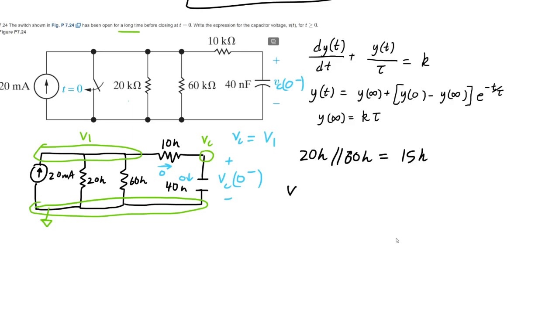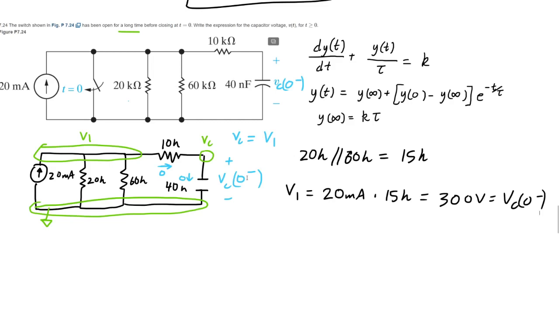So V equals I times R. I'll say that V1 equals 20 milliamps times 15 kilo ohms. The K and m are going to cancel. It's going to be 20 times 15, which is 300 volts. So that is VC0 minus, our initial voltage across the capacitor.